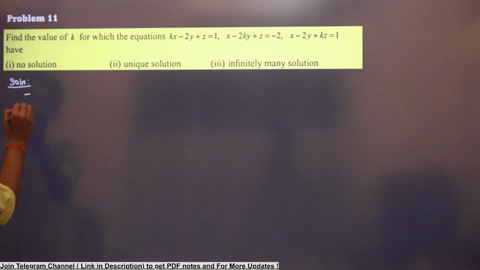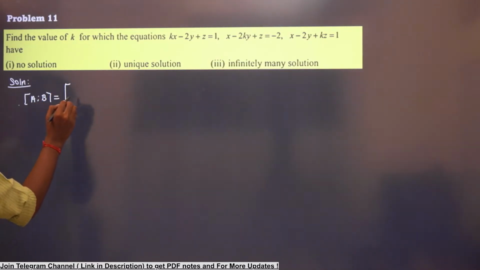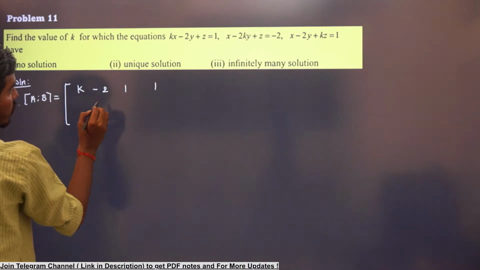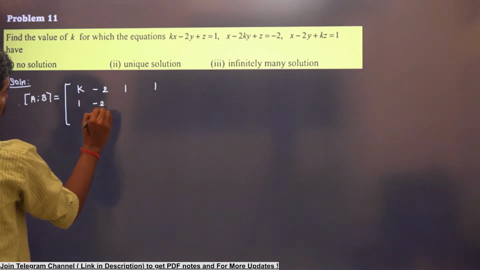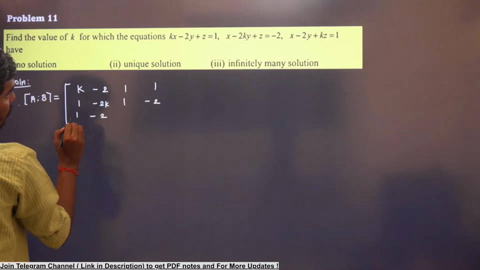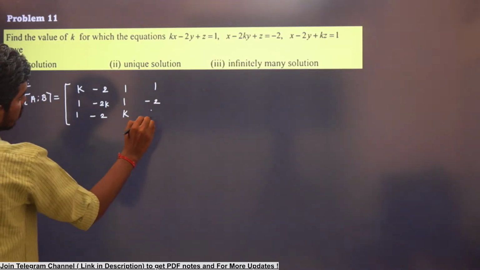First, I'll form the augmented matrix [A|B]. So the augmented matrix will be: k, minus 2, 1, 1; 1, minus 2k, 1, minus 2; 1, minus 2, k, 1.